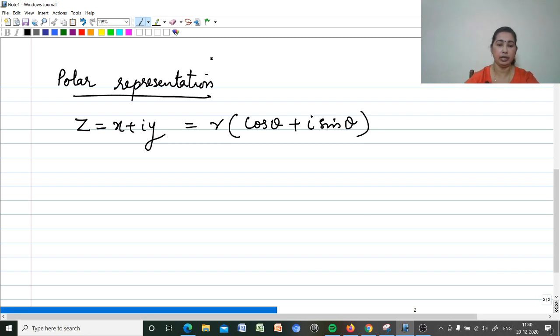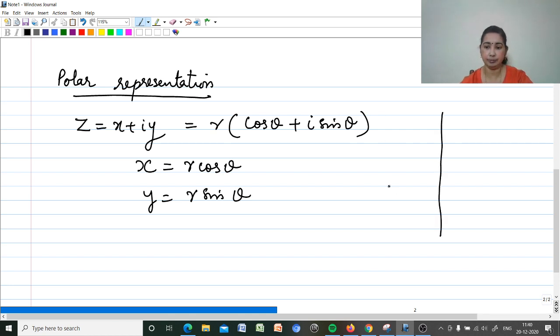So here x can be written as r cos theta, whereas y is the same as r sin theta.